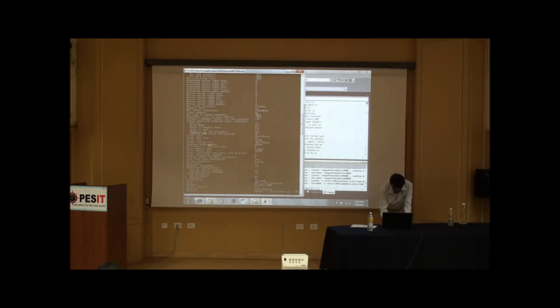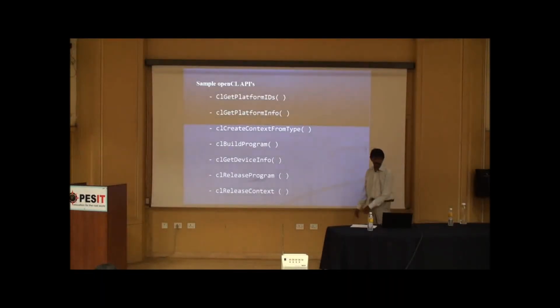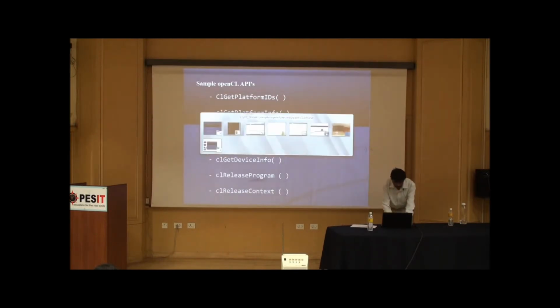What is the global memory size? So you can get all the technical information about your compute device, right? So it gives a set of APIs. What is the API which we were referring to? If you see this API, get device info. That will take care of it.